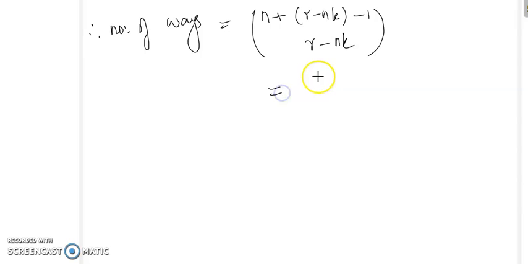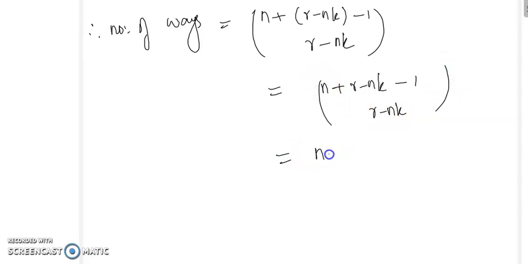So that will be equal to n plus r minus nk minus 1 c r minus nk, or you can also write it as n plus r minus nk minus 1 c n minus 1. So that is the required number of ways.